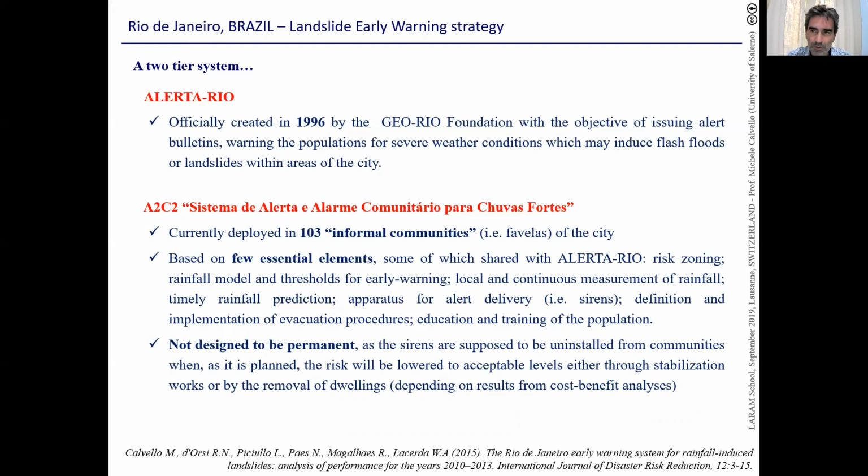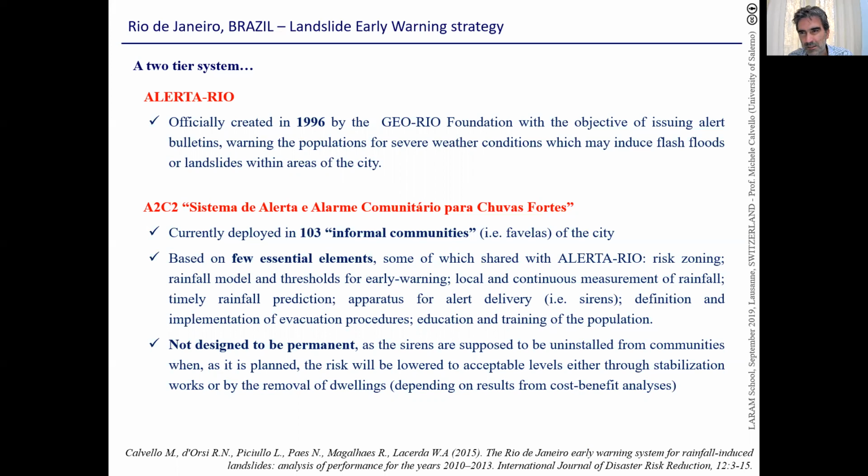We will see how in a very short while. The other system that I will introduce afterwards is called A2C2, Sistema de Alerta e Alarme Comunitário para Chuvas Fortes. And we are dealing with some favelas, informal communities of the city of Rio de Janeiro. Some of the elements are shared with Alerta Rio. This system, the second one, A2C2, is designed not to be permanent.